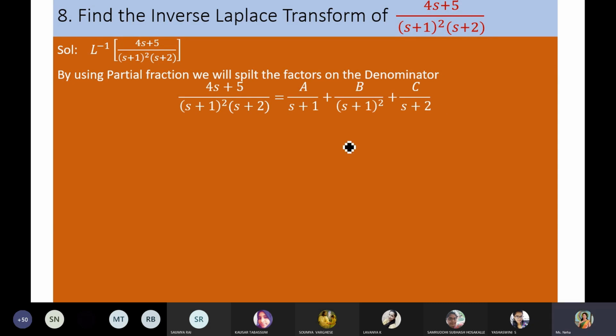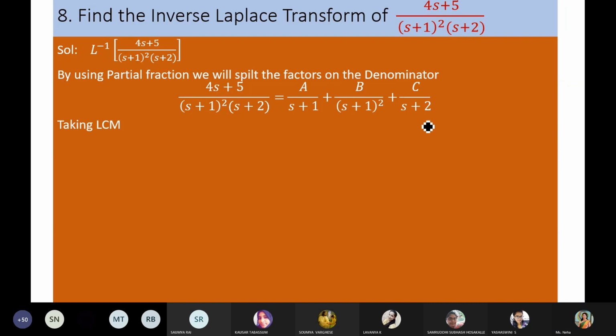This is the way to write the partial fraction. First you write the first power, then the second power, then the third power, up to whatever maximum power is given. So since we have three factors, first write s plus 1, then s plus 1 square, then s plus 2.